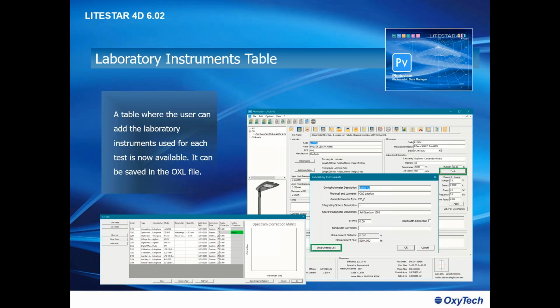So we added such a table where you can exactly input the list of instruments that you used for the measurement, for the photometric or for the colorimetric or for the electrical parameter measurements.